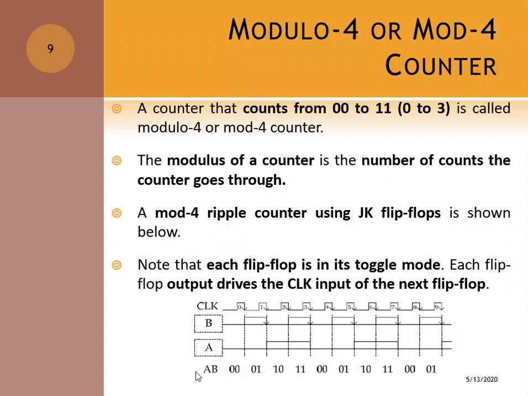And if you see the pattern, you can see that it is actually a sequence of 0, 1, 2, 3, 0, 1, 2, 3, 0, 1, and so on. If you have longer period, you can see the same pattern 0, 1, 2, 3, 0, 1, 2, 3. So that's how ripple counter is developed using JK flip-flop.